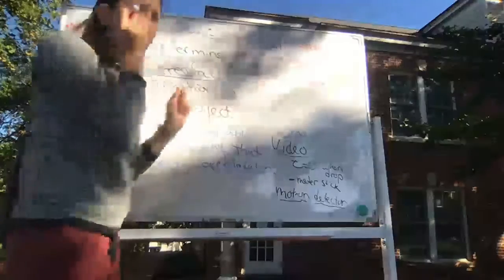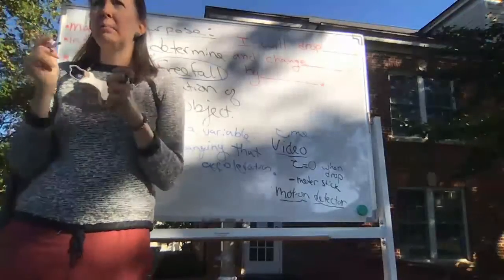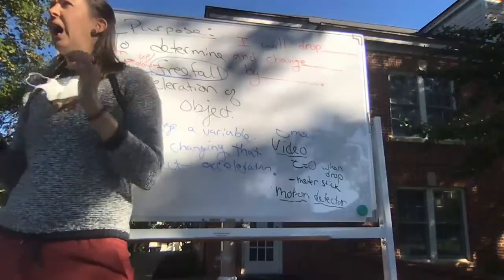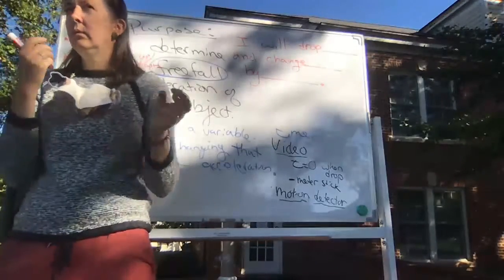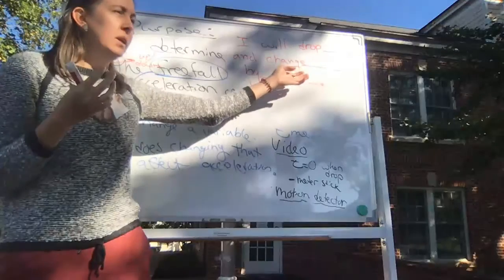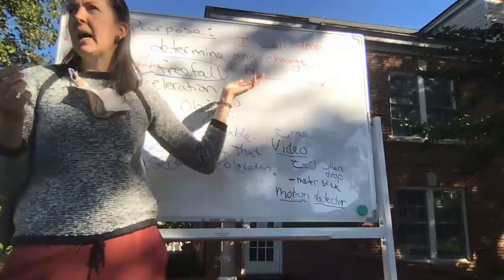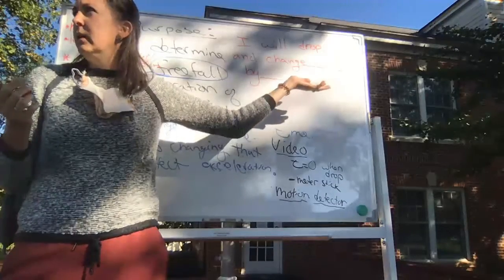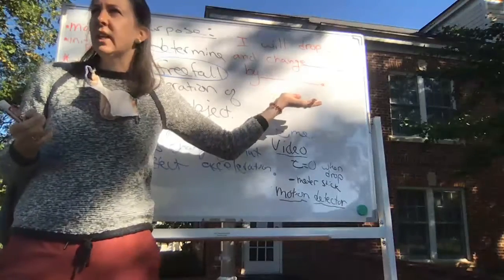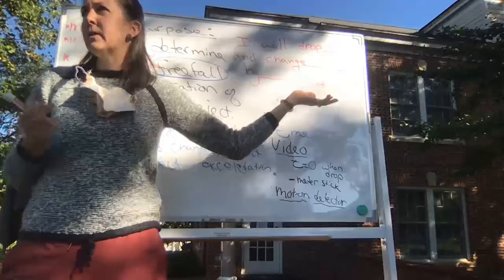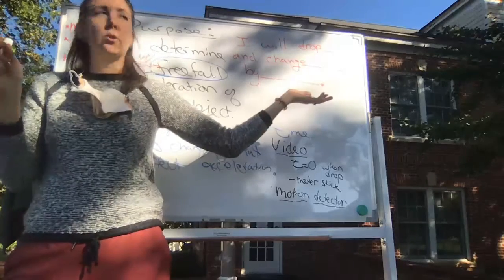Okay, so an example might be, I will drop a piece of paper and change the surface area by folding it up. If that wasn't your original idea, don't write it down, pick something else. If that was your original idea, that's totally cool.